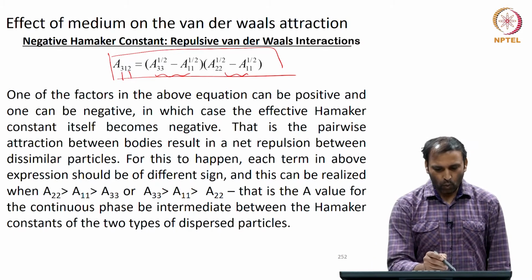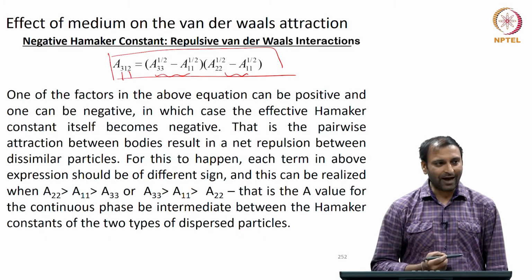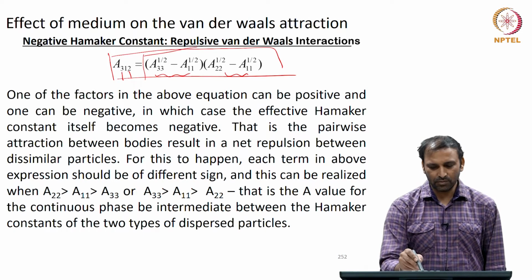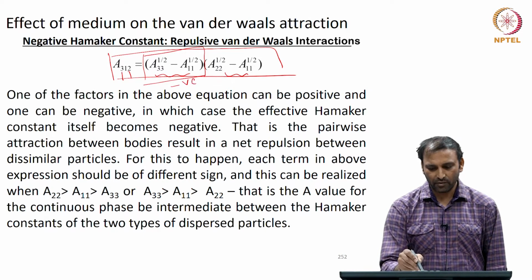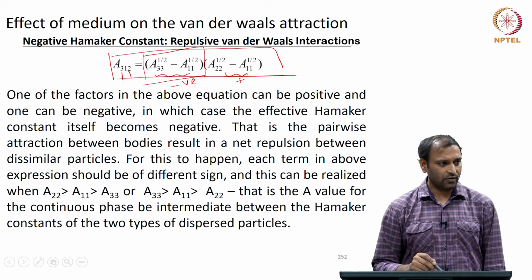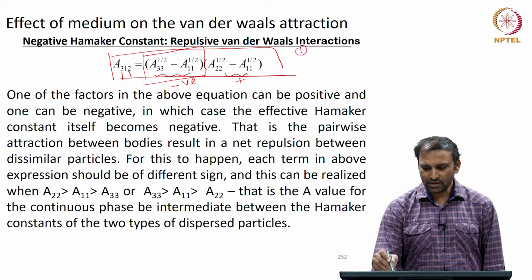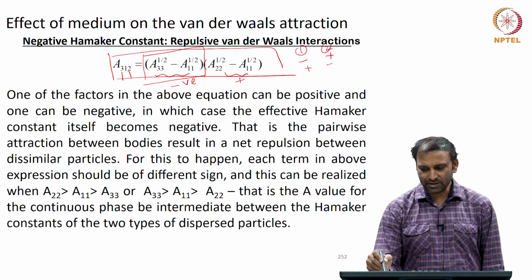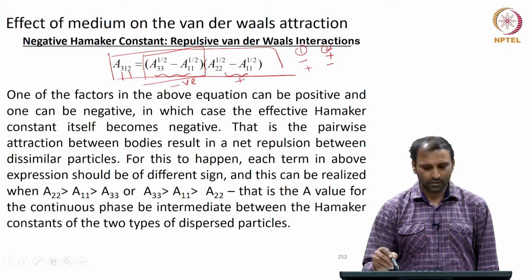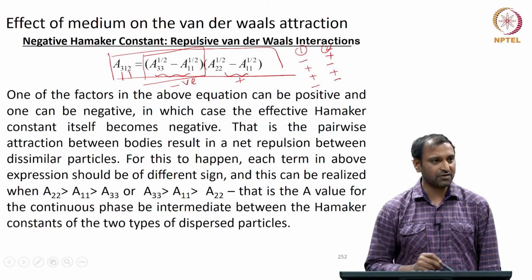If you look at this expression, you could have a case where the first term is negative and the second term is positive, or the first term is positive and the second term is negative, and both could be positive, or both could be negative.